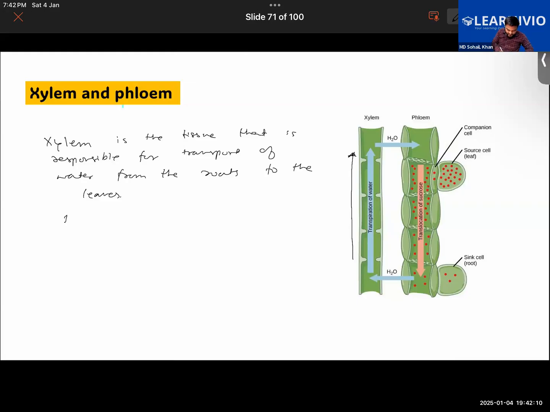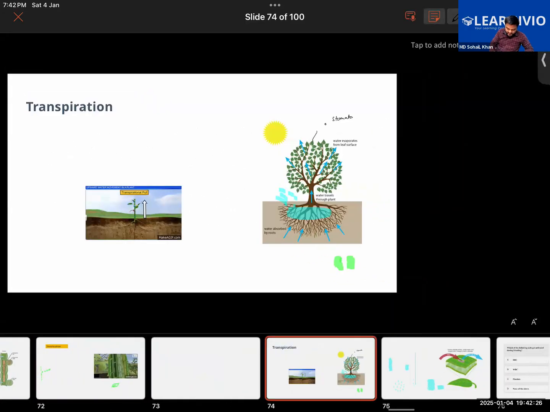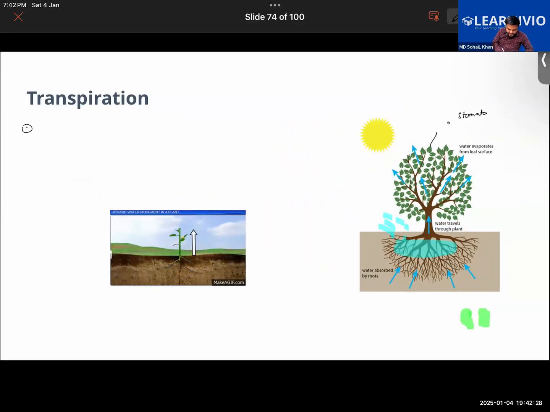So further we should write down that it is driven by the process of transpiration. And what we know about transpiration is that, in simple terms, it is loss of water from the leaves in the form of water vapor.